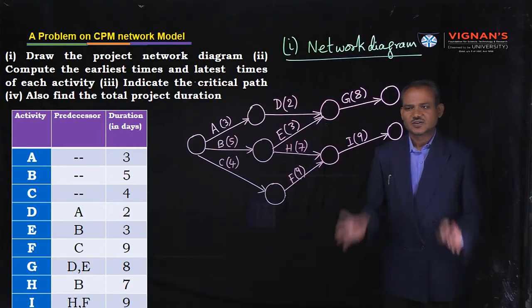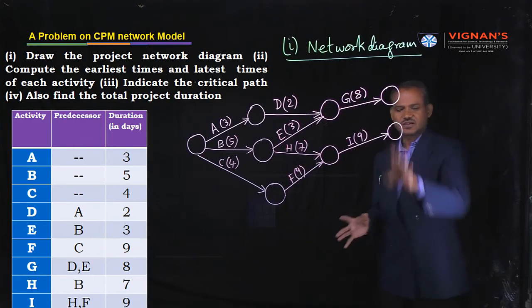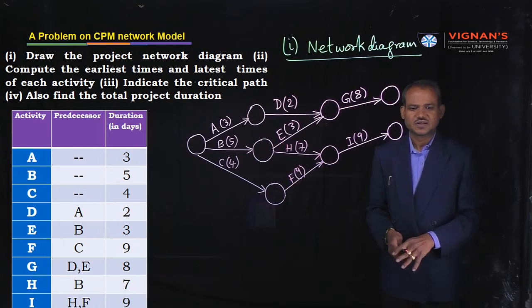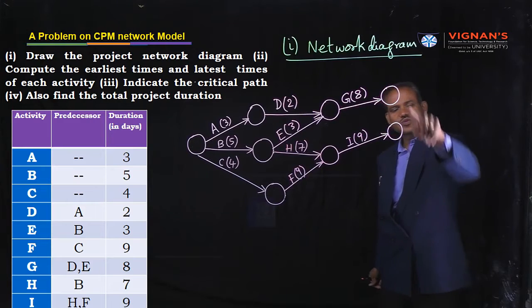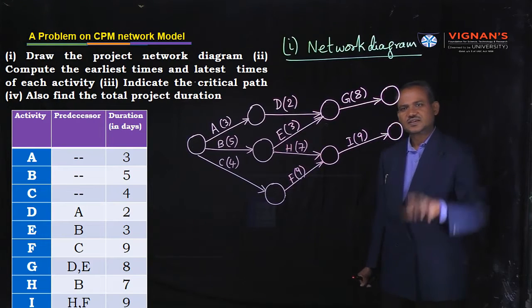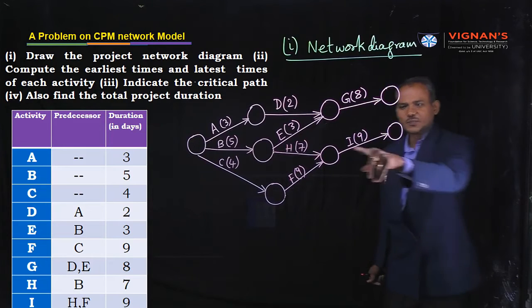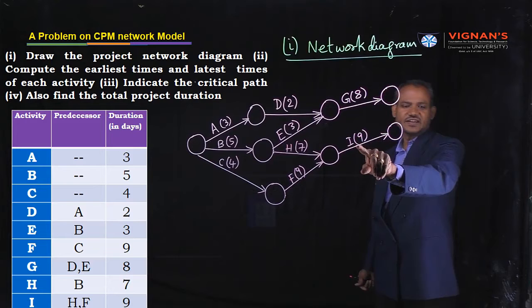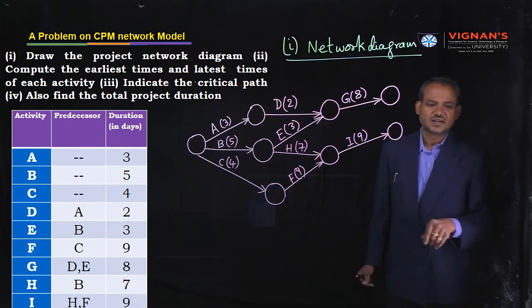So first close the network diagram by observing the logic as per the given table. There are two nodes here. You have to mark only one circle. Simply join this activity, that means I activity and G activity, to one ending node.